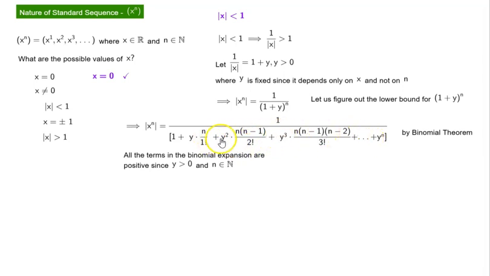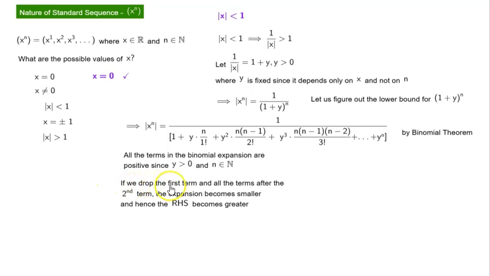Because here you have n and y. n is a natural number, so it can't be negative, and y is greater than 0. So all the terms in this expansion are positive. Which means if we drop the first term and all the terms after the second term, the expansion becomes smaller and hence the RHS becomes greater. So here we are going to take only the second term.